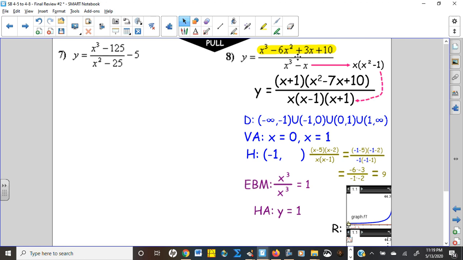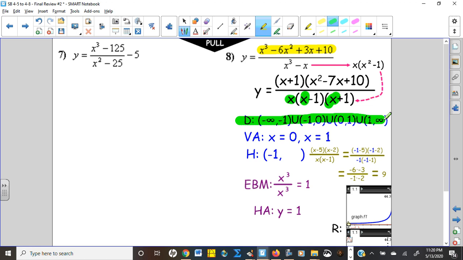Look how much we get by just doing a little factoring. We get the domain. I now know that I have to take out a negative 1, a 0, and a positive 1. So I went ahead and did that.